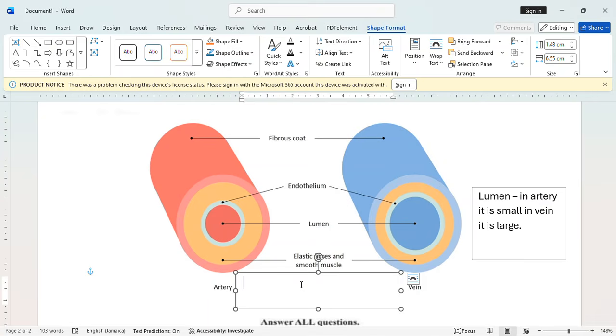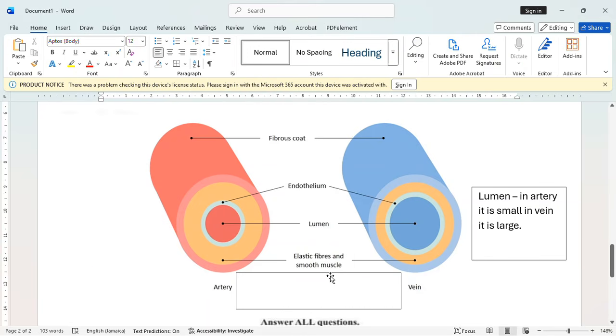It responds during? Okay. All right. So when you compare them, in terms of the artery, how are these elastic fibers represented?